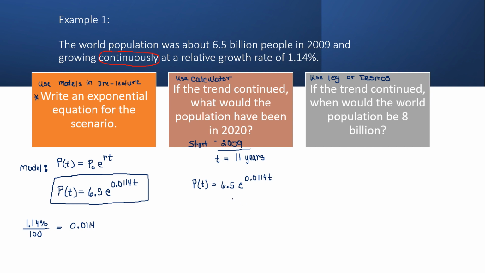This is calculator friendly. So what we're going to do is we're going to type 6.5. We're going to get e. So that's 2 keystrokes on our calculator. So in order to get e, we're going to have to hit the second button, and then 2 buttons down from that, so I'm going to put that in a little square. So that's the second button on our calculator.